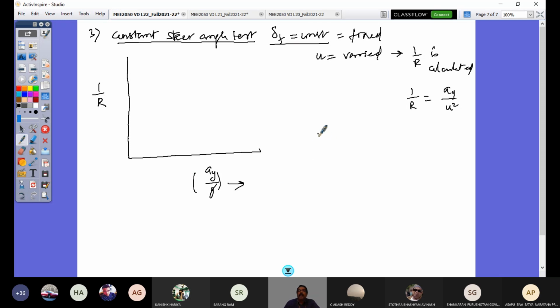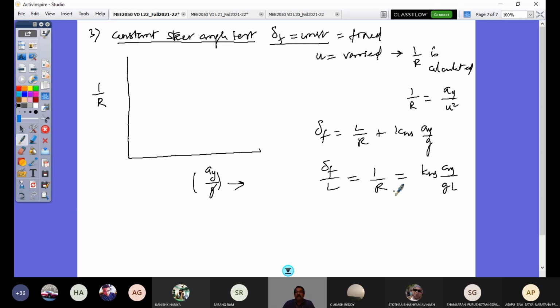Let us now look at how you get this variation from our equation. Delta F is equal to L by R plus KUS into AY by G, right? To get this, I divide by L. So it's delta F by L equals 1 by R plus KUS AY by G into L. Sorry, this is a plus sign.